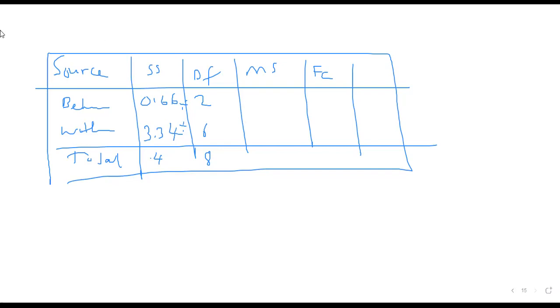So 0.33 for the between, and 0.556 for the within.